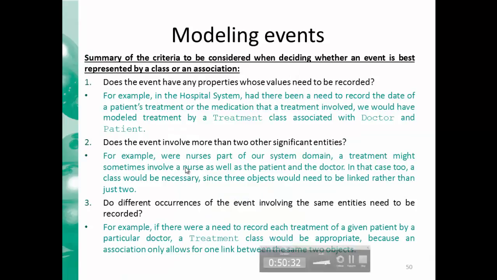In summary, we try to ask the following questions and decide whether we are going to represent the event as a class or as an association. First question: does the event have any properties whose value need to be recorded? Then we need to record them within a class. Does the event involve more than two other significant entities? Do different occurrences of the event involving the same entity need to be recorded?